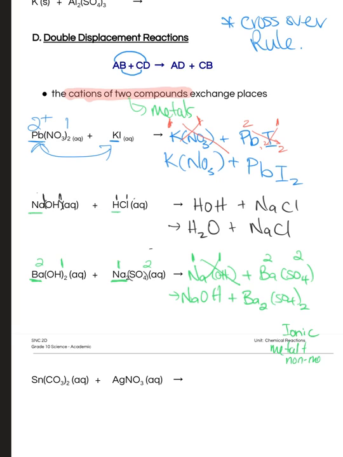And we know from earlier on in the semester that whenever I have an ionic bond, I'm going to reduce my subscripts, okay? So here I had sodium hydroxide, that one's all good. But because I have a 2 in barium and a 2 in sulfate, I'm going to reduce that so that it's just SO4, okay? Science smiley face.